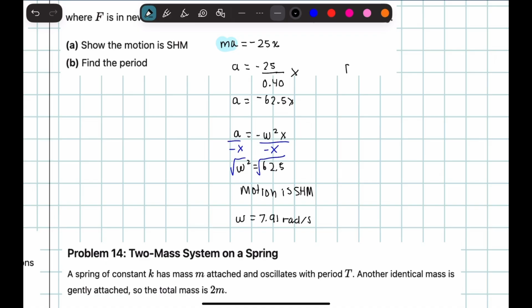Now the period is equal to 2 pi over omega. T is equal to 2 pi over 7.91 radians per second. T will be equal to 0.79 seconds.